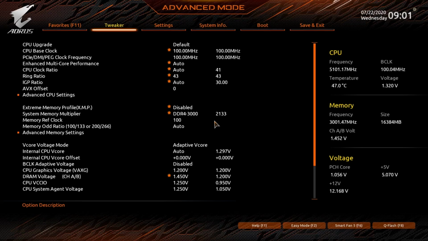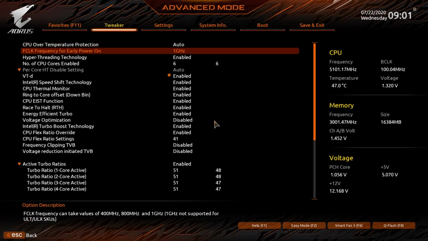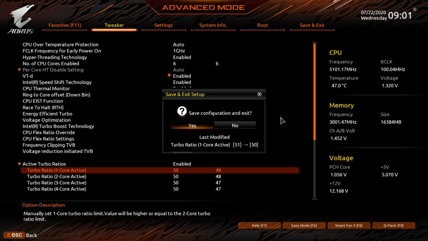And we just had a crash. Okay. So we'll try 5. We'll see what happens at 5. It's probably going to need more voltage. Alright, there's 5.